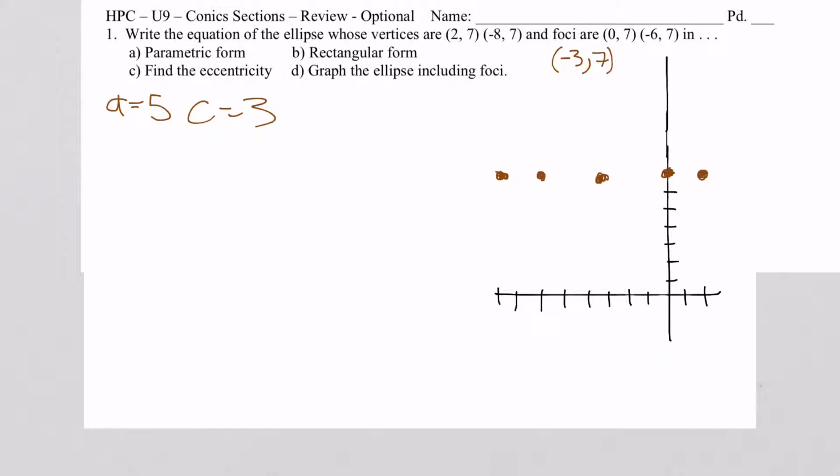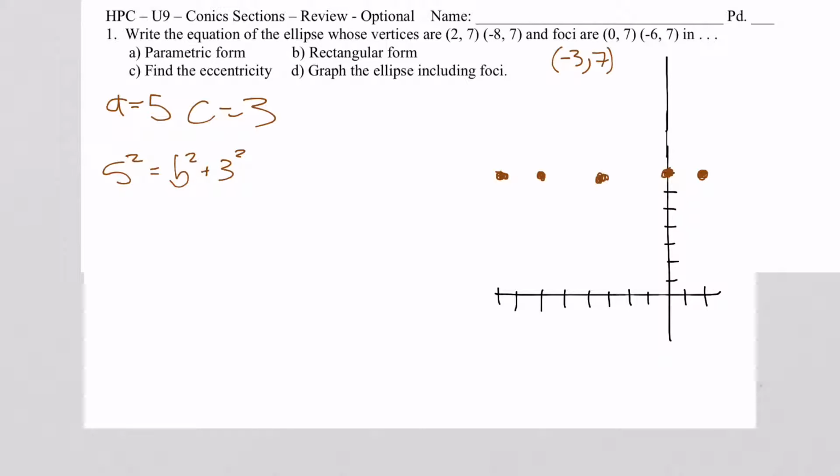And if you know a little bit about ellipses, you know that A has to be the largest piece. So A has to be the one by itself. So this equation has to be 5 squared equals B squared plus not C squared, because I know C, so let's say 3 squared. So 5 squared equals B squared plus 3 squared.